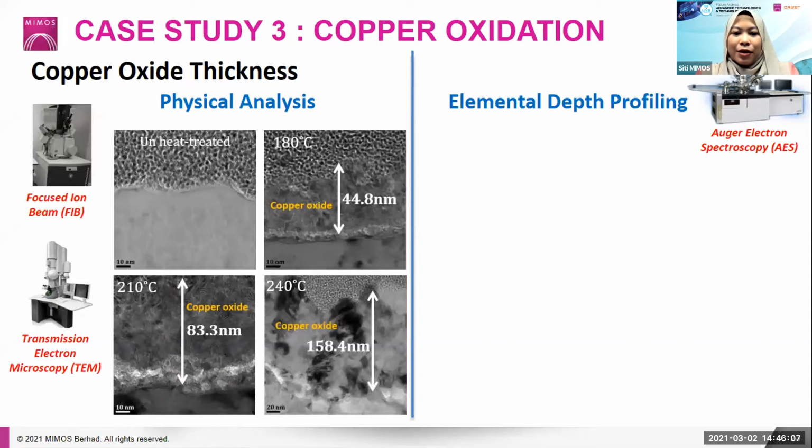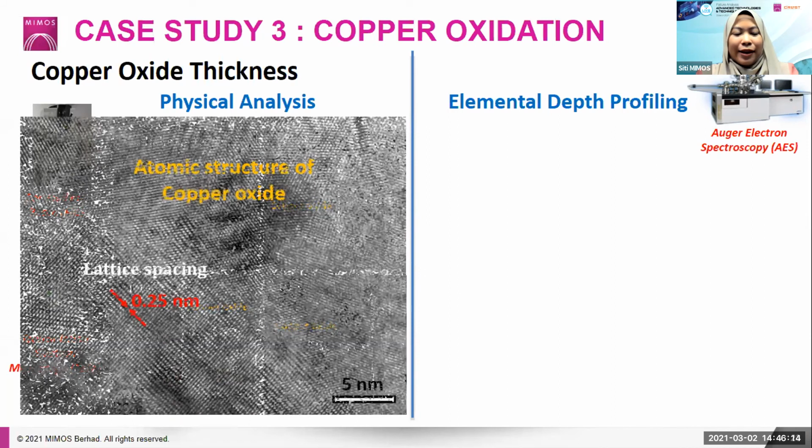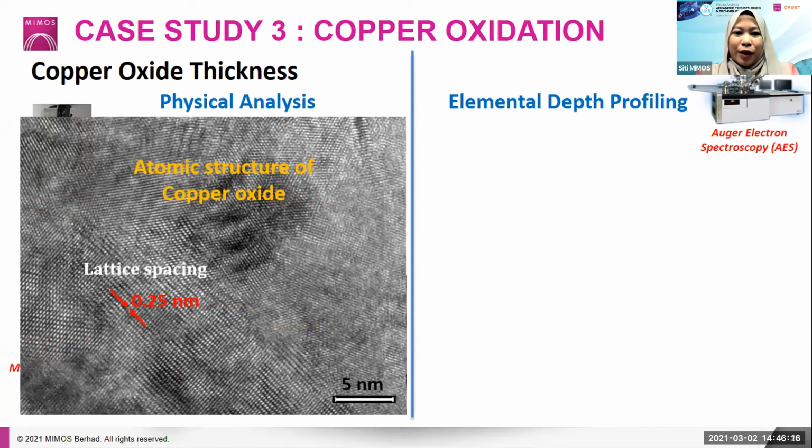Because TEM has very high imaging resolution, we can also see the atomic structure of the copper oxide. At the same time, we can measure the lattice spacing of the copper oxide. In this example, the spacing is about 0.25 nanometer, which is very small.